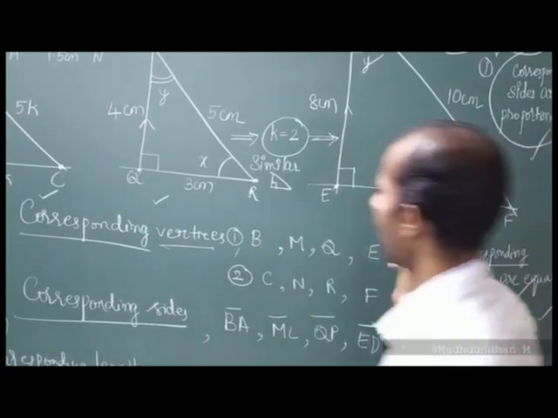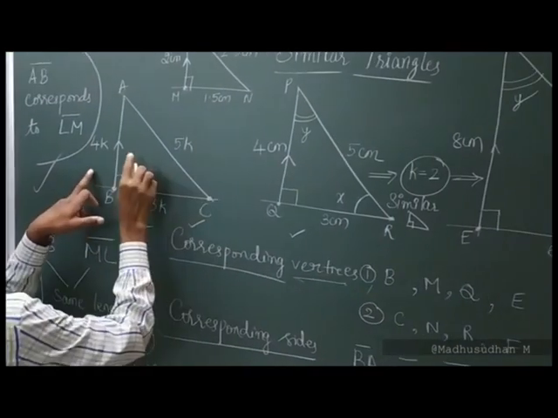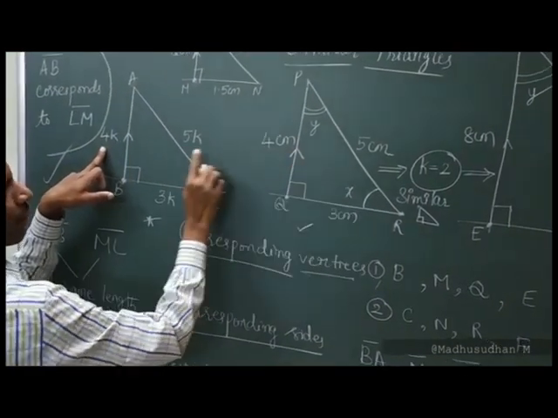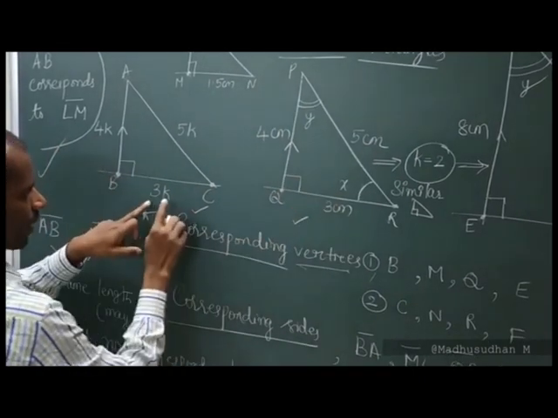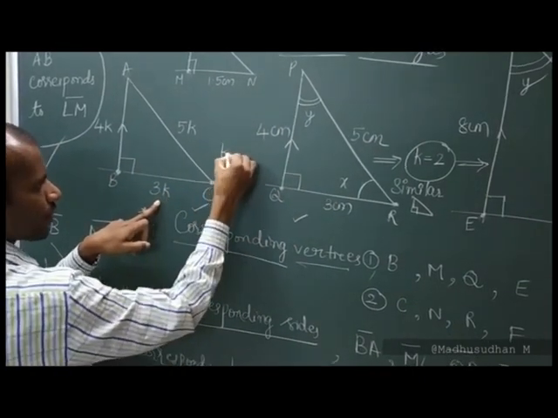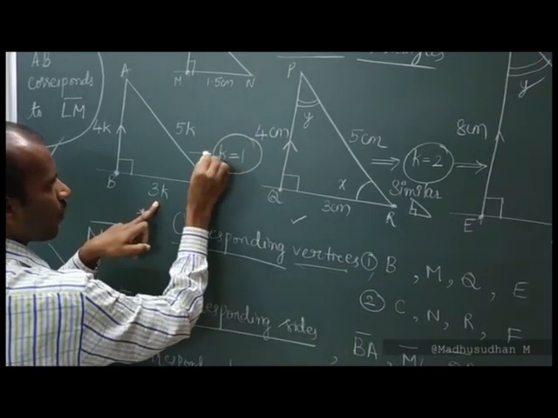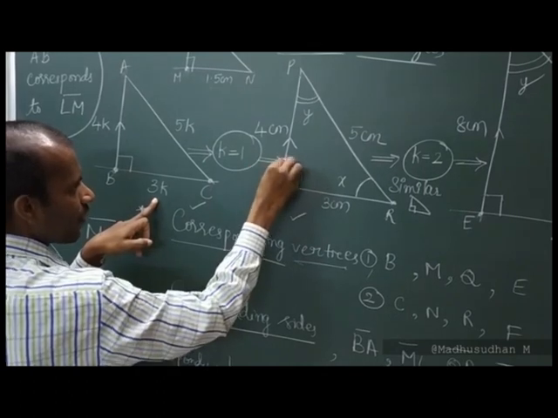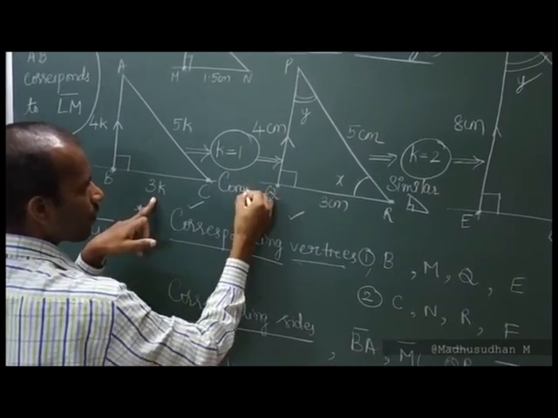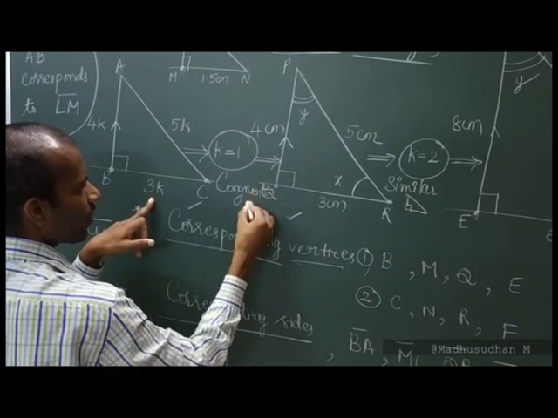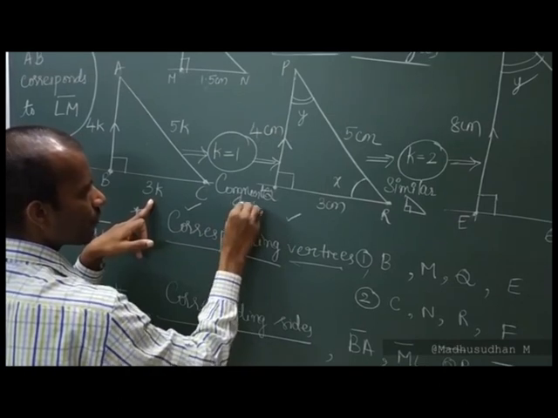Followed it? Then, see, if I compare this triangle with this triangle, K, if K is exactly equal to 1, we can understand that these two triangles are congruent triangles, or congruent right angle triangles.